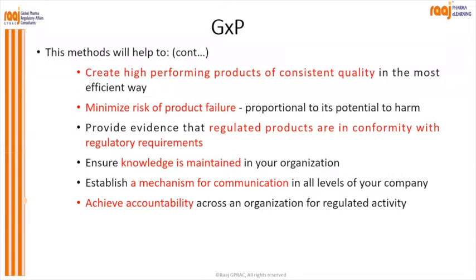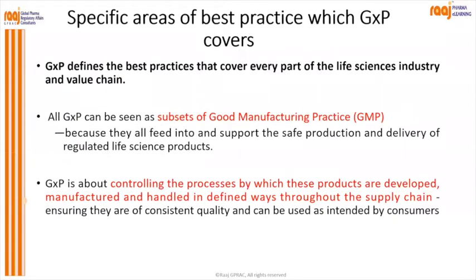Establish a mechanism for communication at all levels of your company, right from top management, middle management to lower management. And the most important is to achieve accountability across an organization for the regulated activity. So, how this GxP helps, that I have mentioned in this slide.